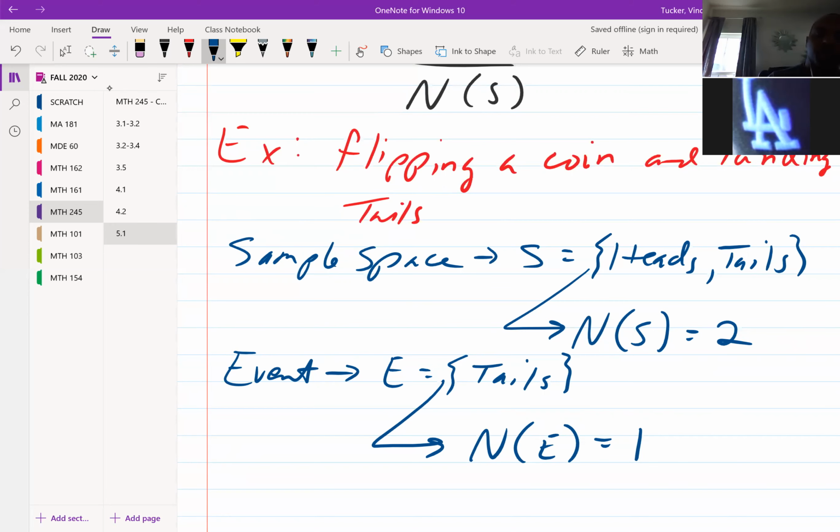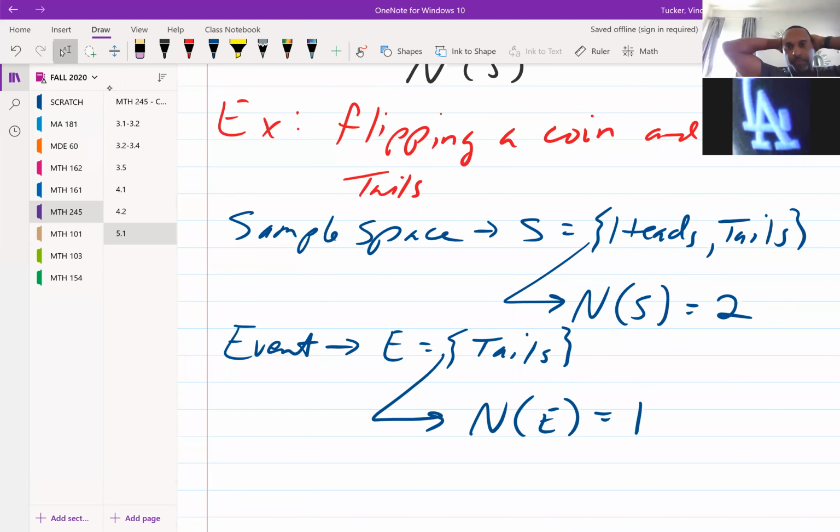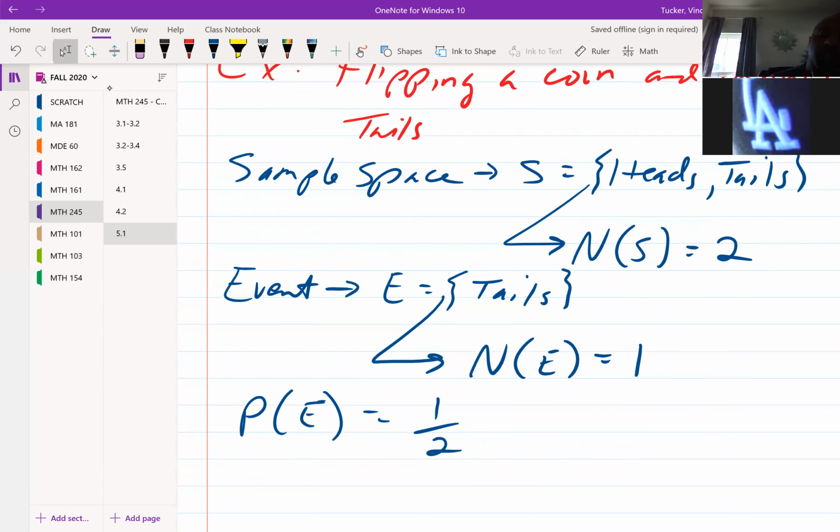So we have the sample space, which has 2 outcomes, heads and tails. My event, I want to know the probability of landing tails, so that's just 1 outcome. So the probability of landing tails would just be 1 out of 2, or 1 over 2, or 50% chance.